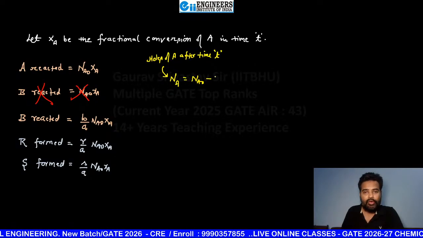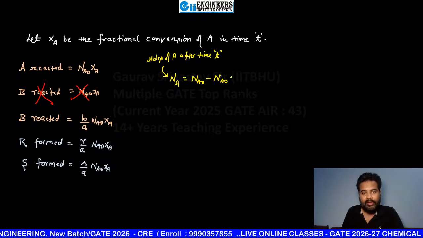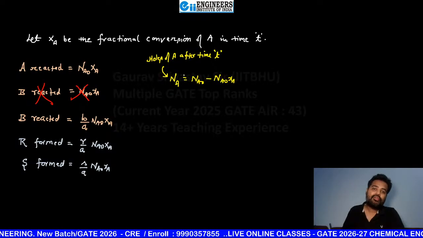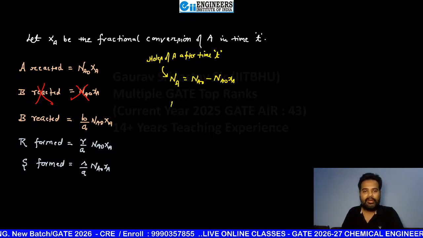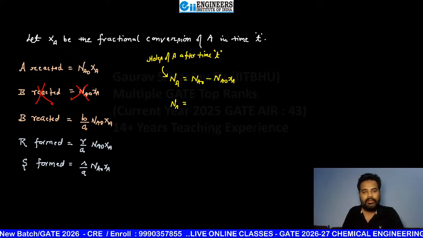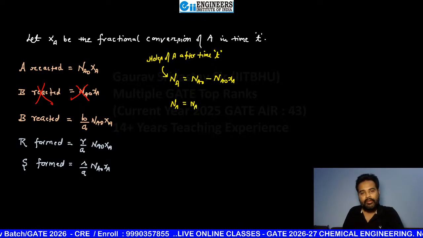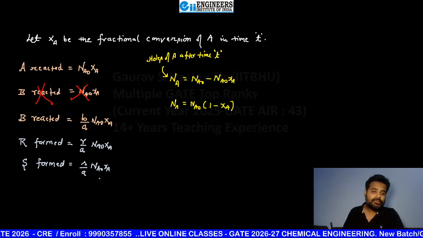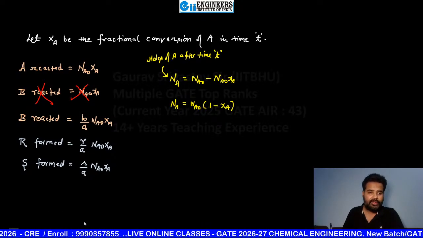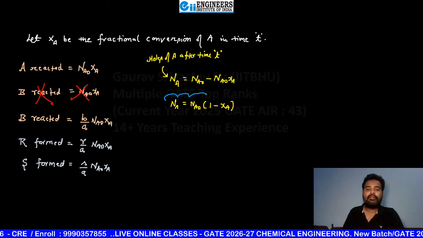Out of this Na naught XA reacted. So how much is left? Na naught minus Na naught XA. So here you can write Na is equal to Na naught, you can take common here, 1 minus XA. Okay. I hope everyone is feeling totally comfortable with this topic.